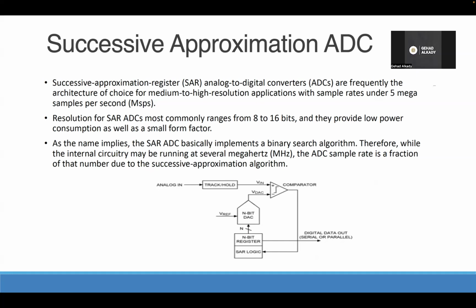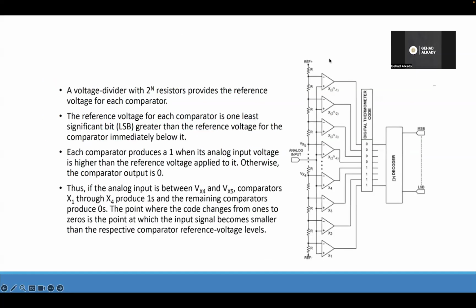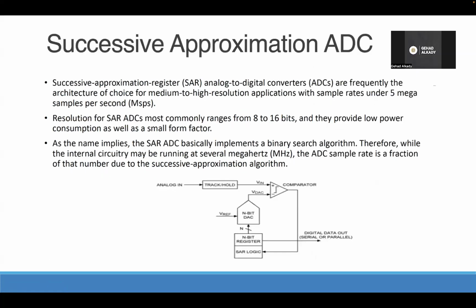As you see here on the diagram, compared to the flash ADC, where we have a group of comparators based on the number of bits of the ADC, here we have only one comparator.